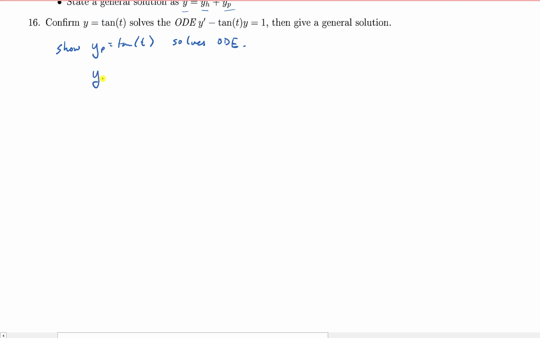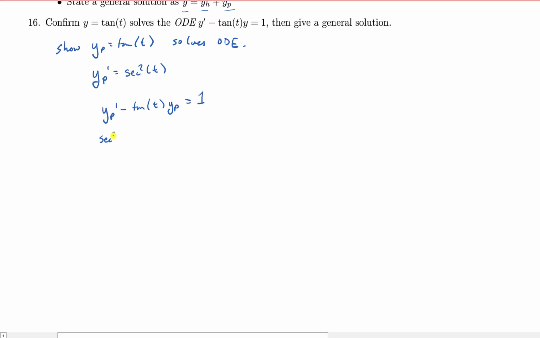So if we take the derivative of this, the derivative of the tangent is the secant squared of t. Let's plug everything in. So we get yp prime minus the tangent of t times yp, and we're confirming that this equals 1.